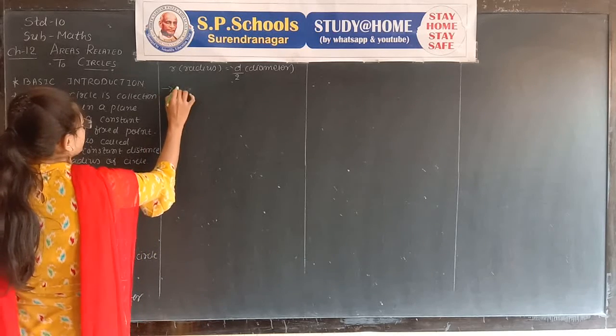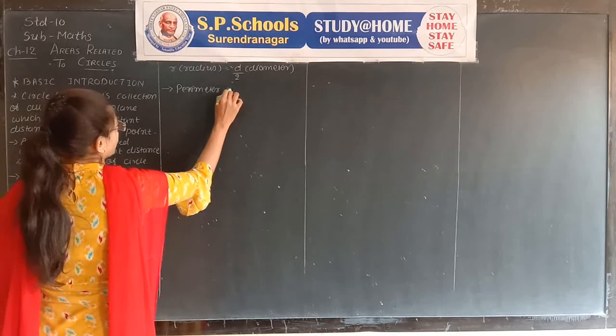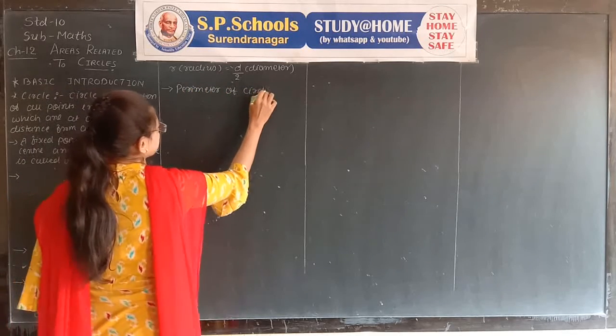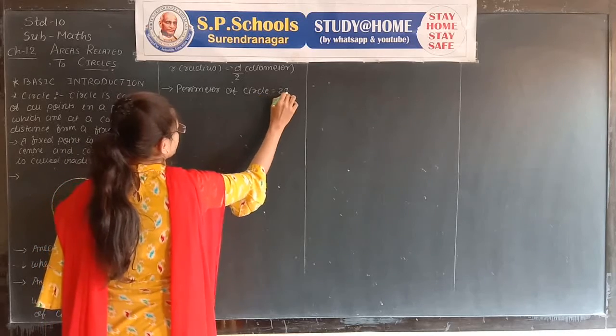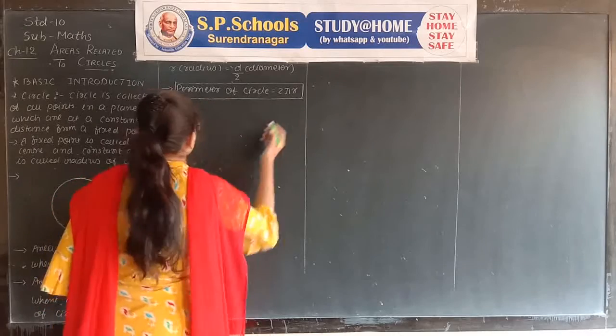Now the perimeter of a circle is equal to 2 pi r, the formula of perimeter of circle.